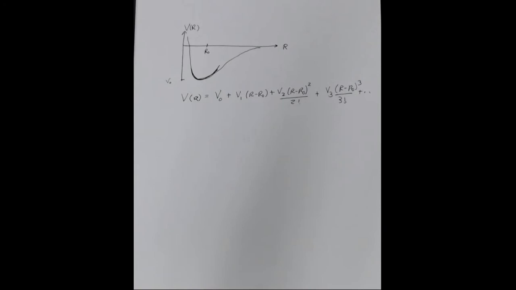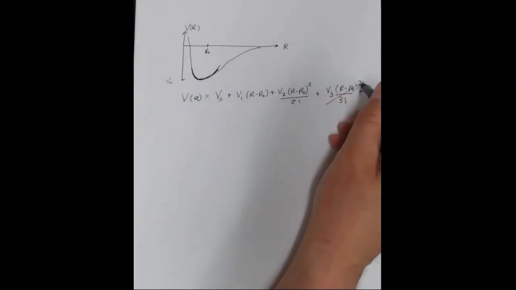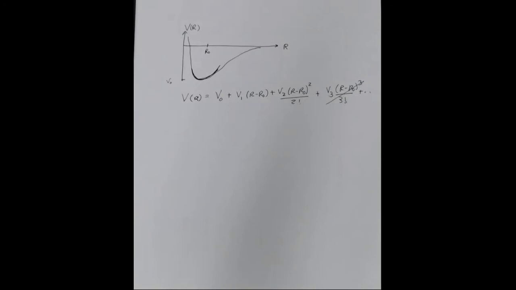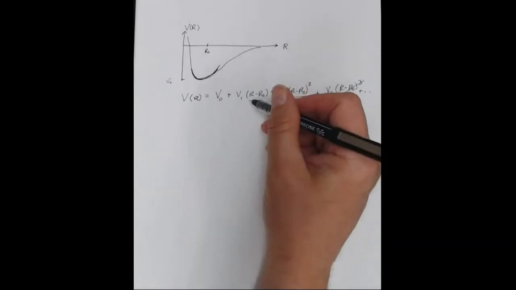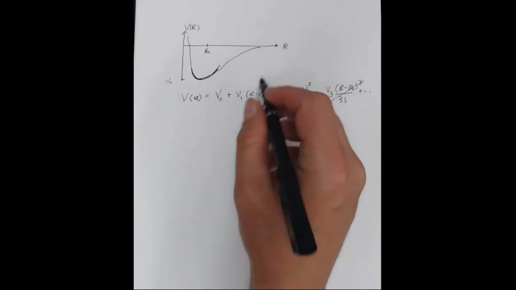Now, since we're assuming we're not far from equilibrium, we're going to neglect the third order and higher terms. And the second term here, the linear term, will be 0. Why?